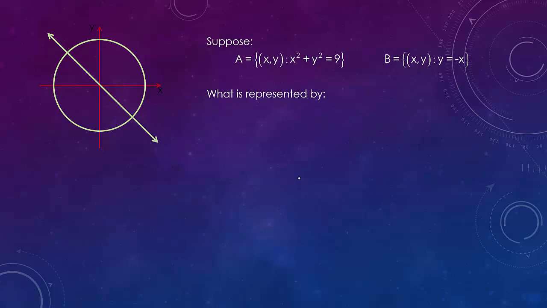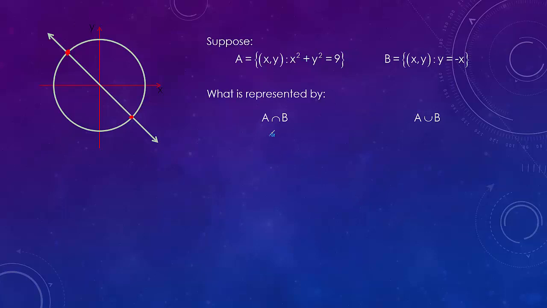What is represented by A intersection B and A union B? Now remember, the intersection is the points that satisfy both of these relations. In other words, on the circle and on the line. So that's a finite set of points, just these 2 points of intersection.